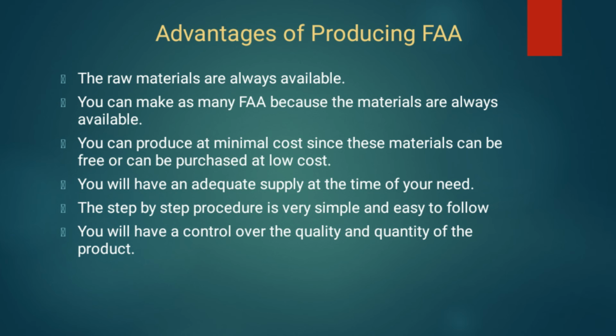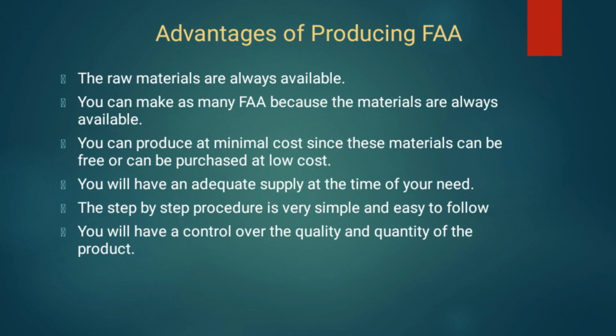These are the advantages of producing fish amino acid. The raw materials are always available. It is free in the market. Plus, you can help to solve the problem in garbage. You can make as many FAA as you want because the materials are always available.